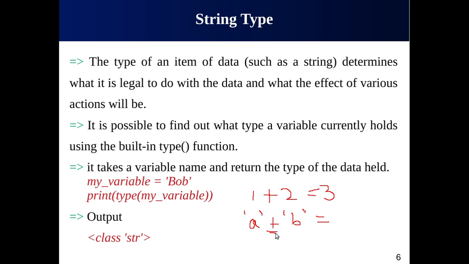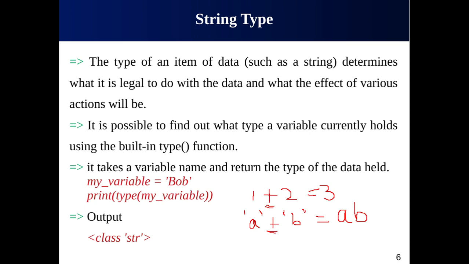It is a concatenation operator. It will concatenate or combine the strings together like this. It will not add them together. It will combine them together. It means that the same operator has a different meaning when it is applied on different types.